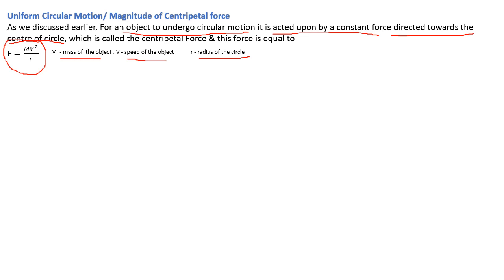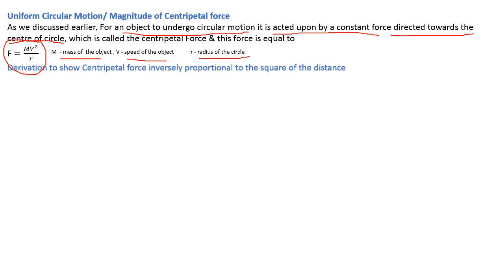Now, as we said, the next part is the derivation to show that the centripetal force is inversely proportional to the square of the distance. This force F equals mv square upon r is inversely proportional to the square of the distance.